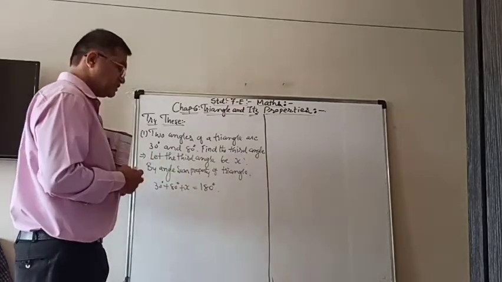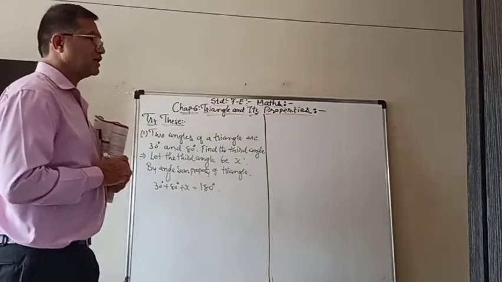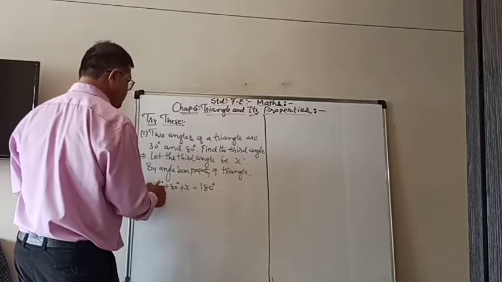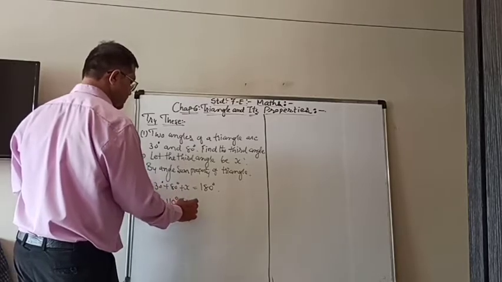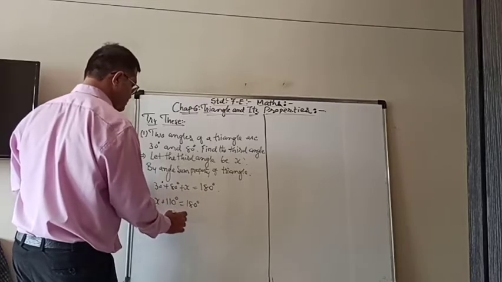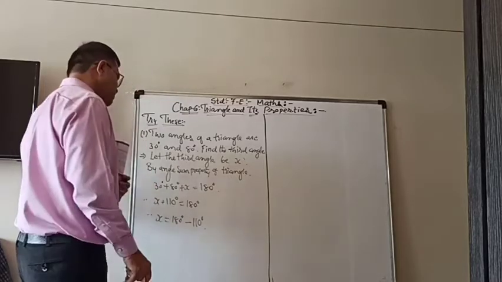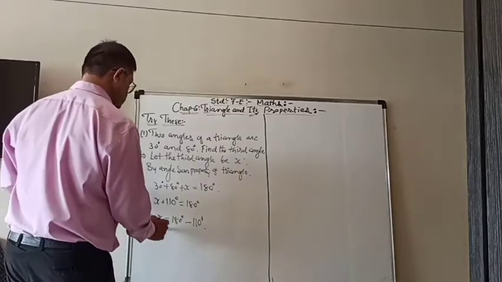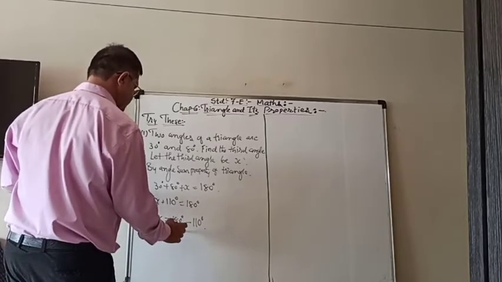The angle sum property says that the sum of the three angles of a triangle is 180. So now x plus 80 plus 30, that is 110 degree. So x is equal to 180 degree minus 110 degree, so x is equal to 70 degree.